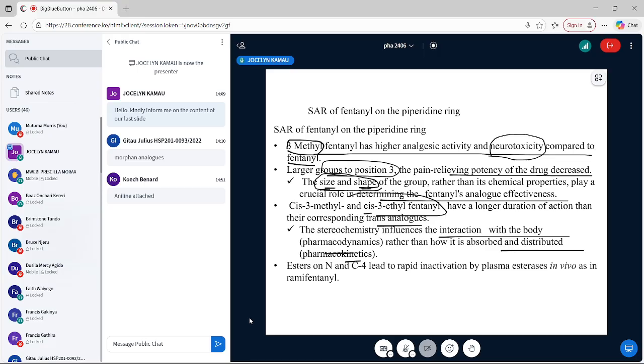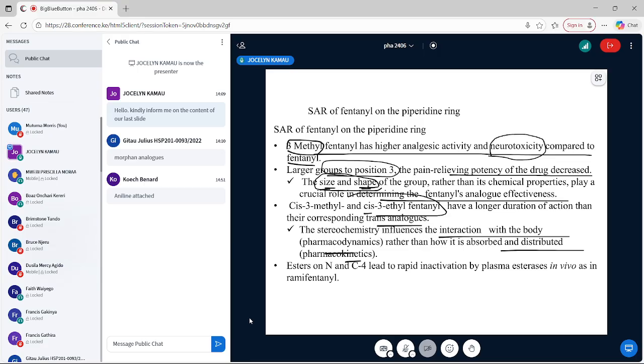When you put a big group at position number 3, it will interfere with the ability of this molecule to twist or to move around the sigma bond to give you the axial conformer.